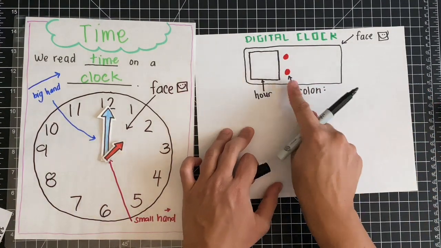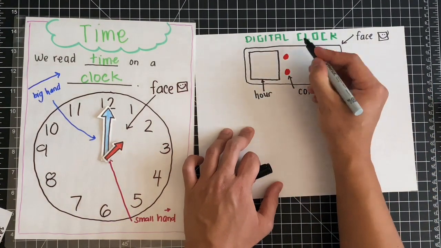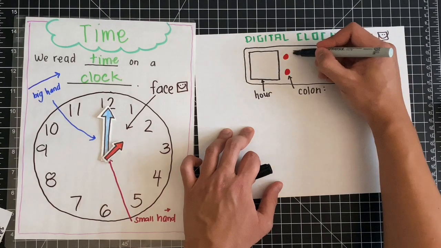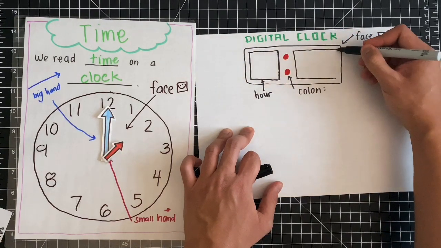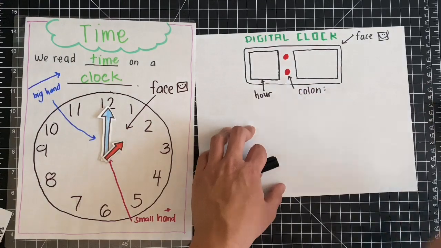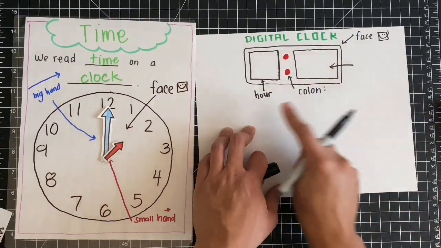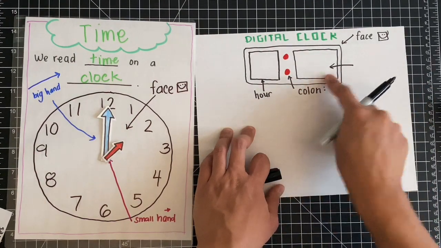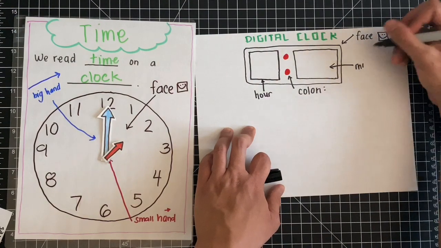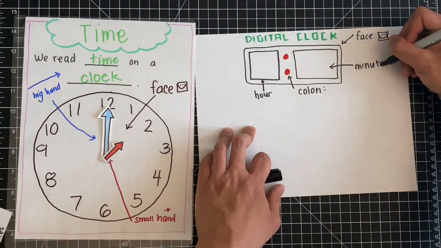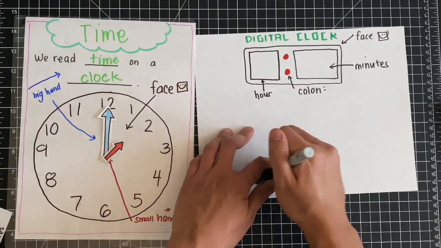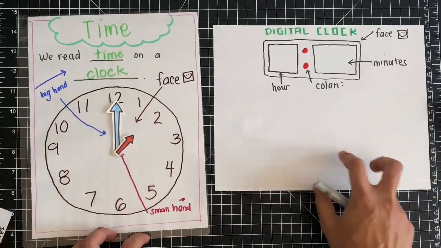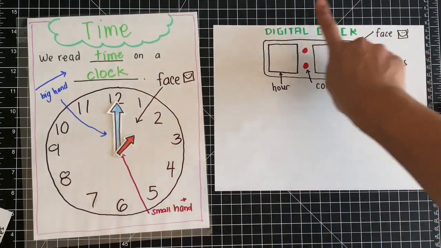And then on the other side of the colon, I'm gonna draw another box. And what goes in this box? Not the hour, but the minutes. The minutes go on this side. Okay, so that's an example of a digital clock.